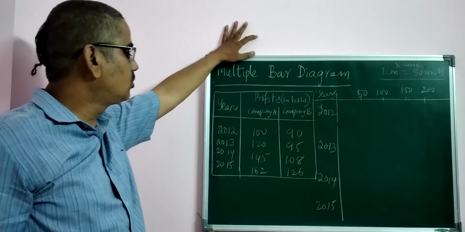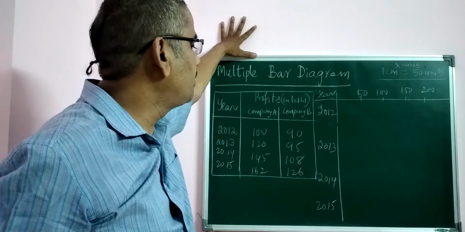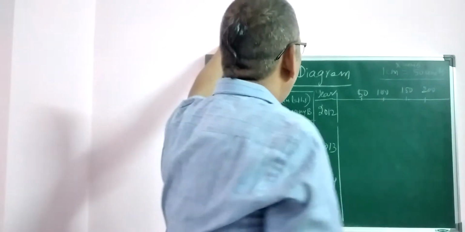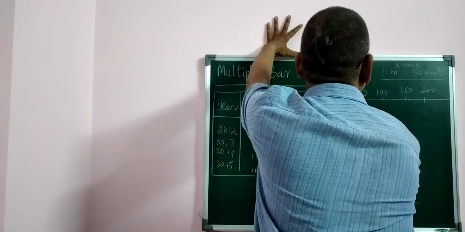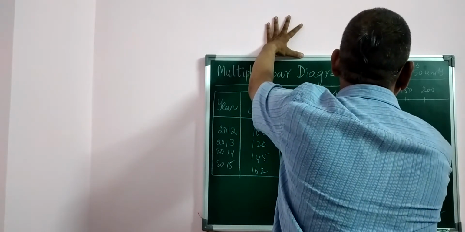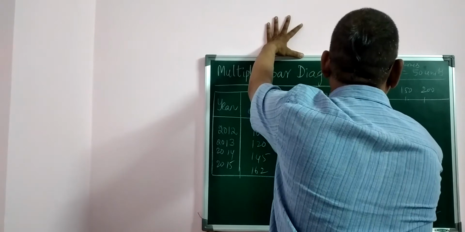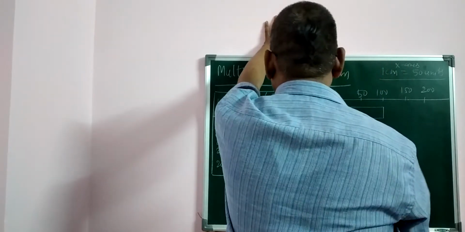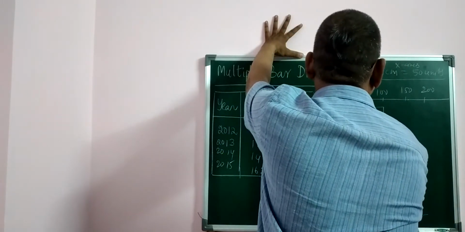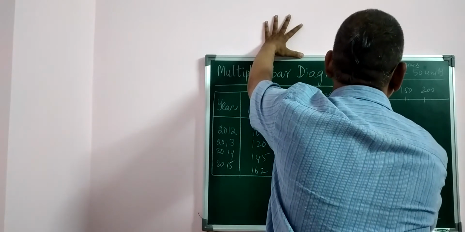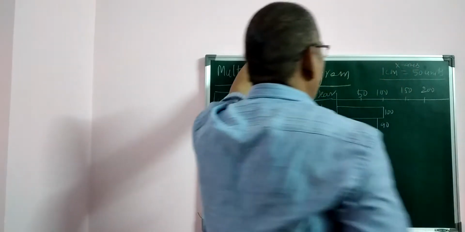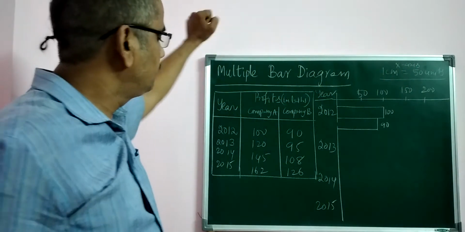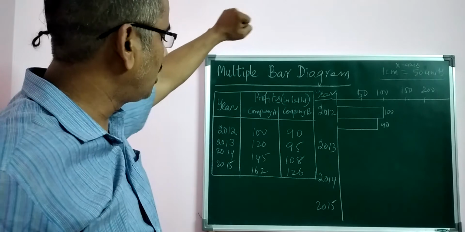In 2012, company A is 100 and company B is 90. So company A is 100, and similarly company B is 90. We represent both the values.